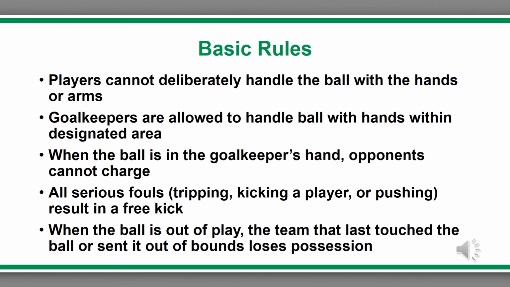When the ball is in the goalkeeper's hands, the opponents cannot charge him or her. They have to let him be to get the punt off or kick off. And then there's all kinds of serious fouls where somebody may trip or kick a player or push them, and that will result in a free kick. When the ball goes out of play, the team that last touched the ball or sent it out of bounds is going to lose possession, and the other team's going to get possession of the ball.